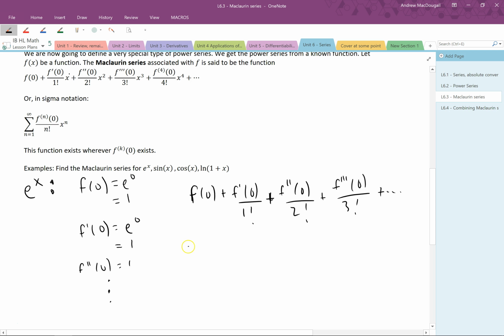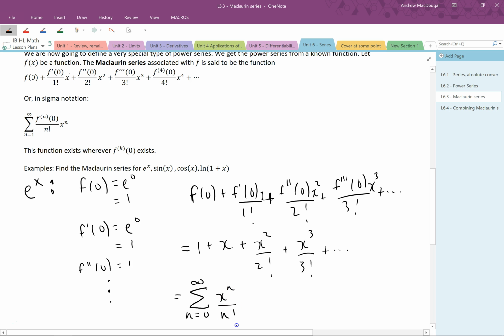That equals 1 plus x plus, since f double prime of 0 is 1, x squared over 2 factorial plus x cubed over 3 factorial. And if you wanted to get fancy, you could use sigma notation. This is the sum from 0 to infinity of x to the n over n factorial.